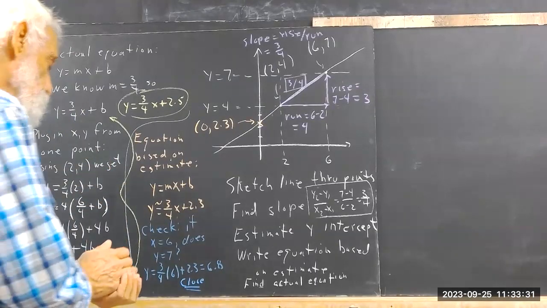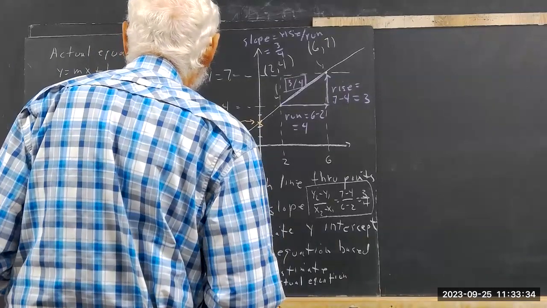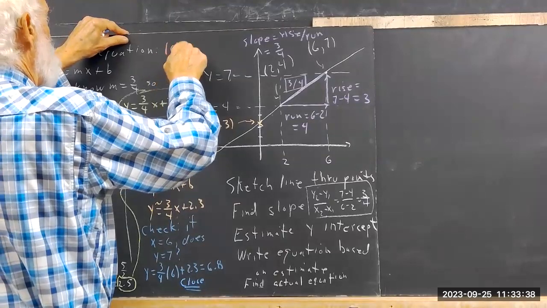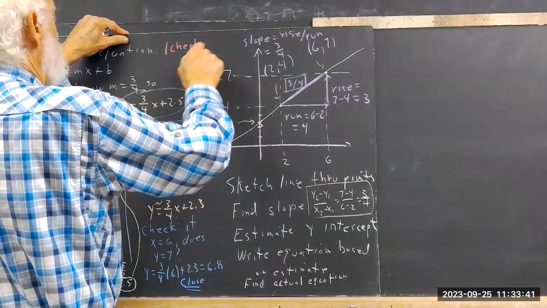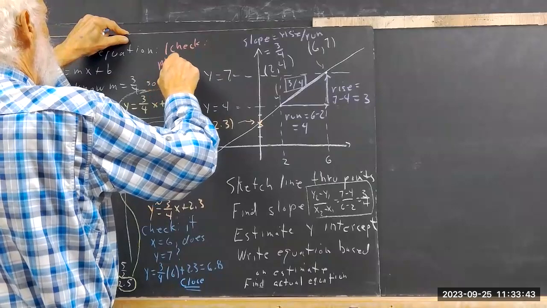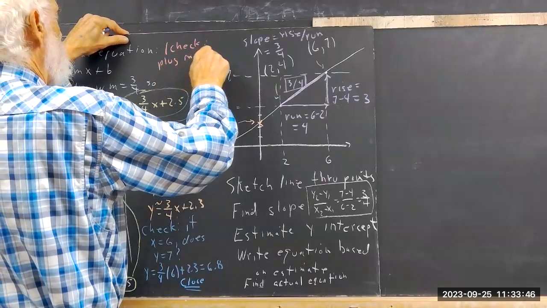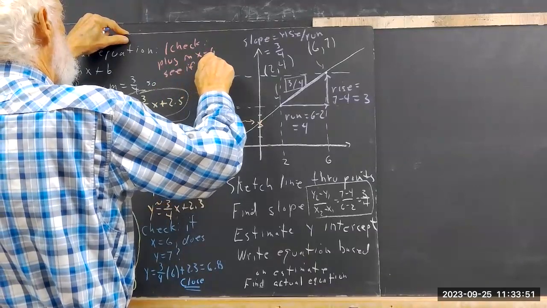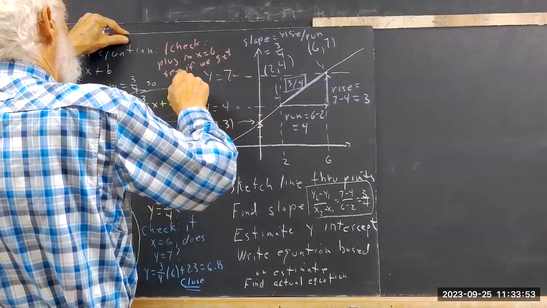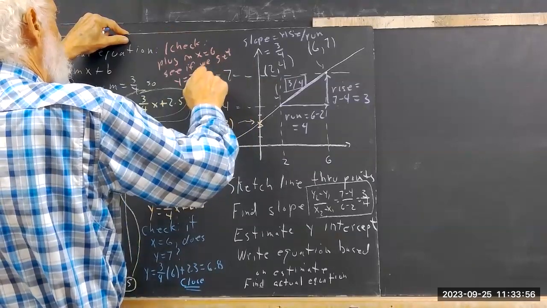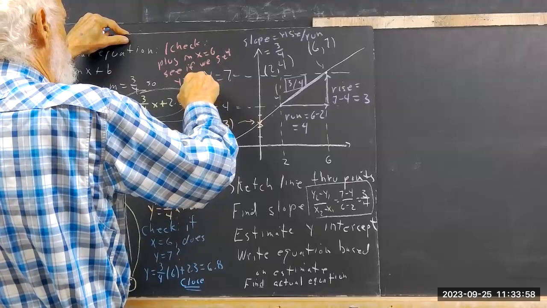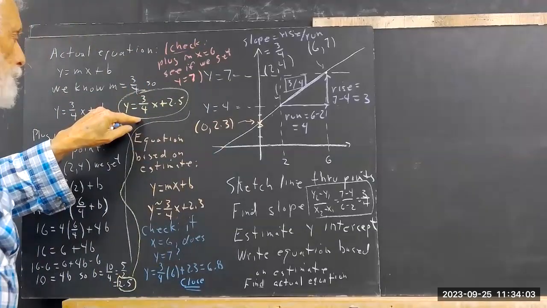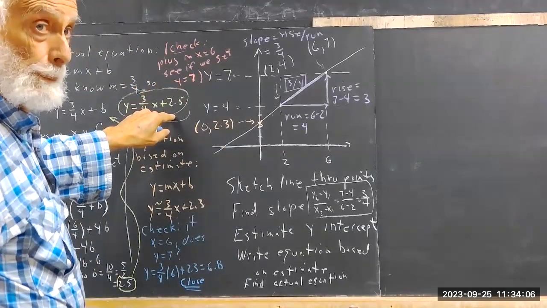Now, I don't have room in the check. We plug in x equals 6 here and see if we get y equals 7.